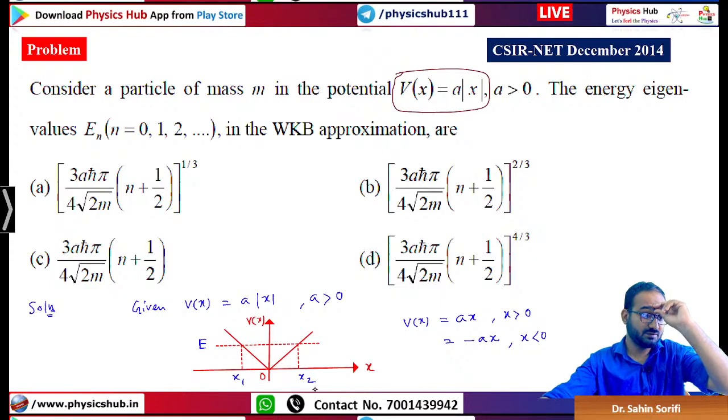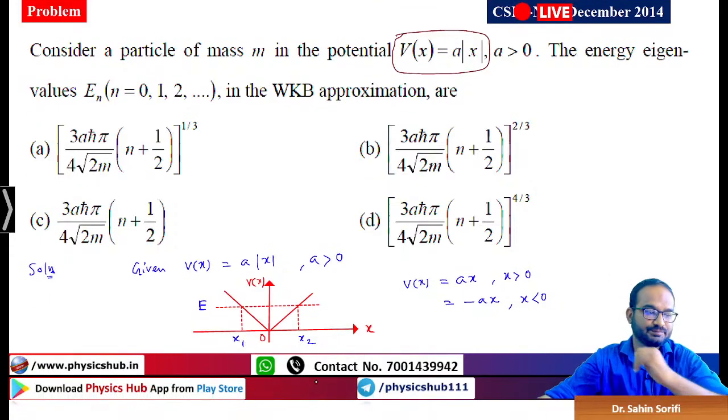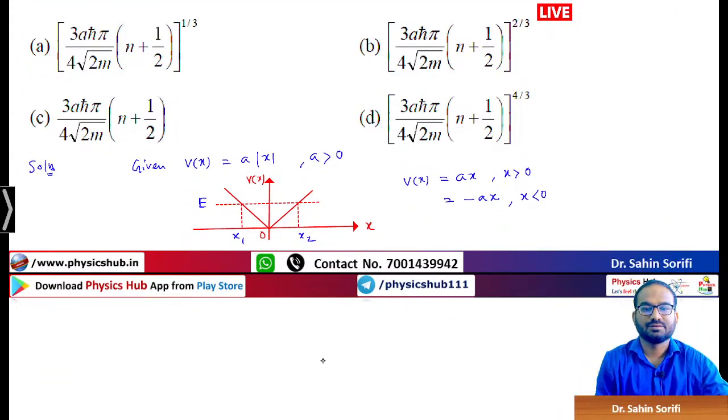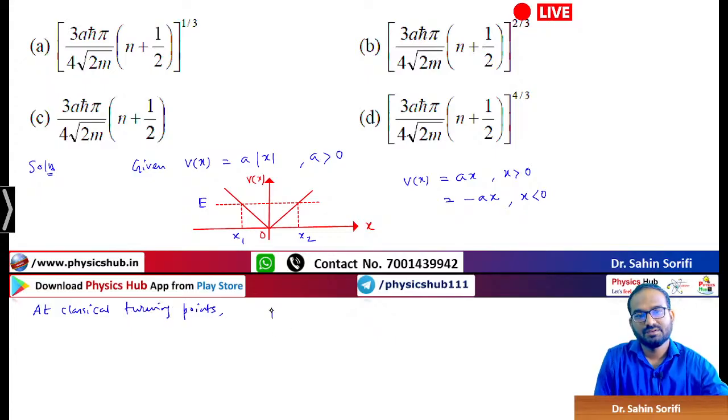So what will be the values of x1 and x2? Look, at classical turning points, E equals V of x.